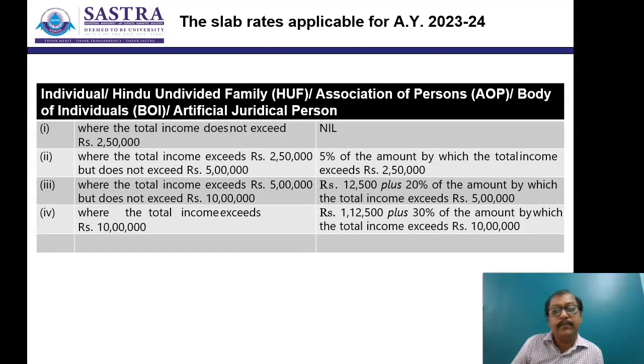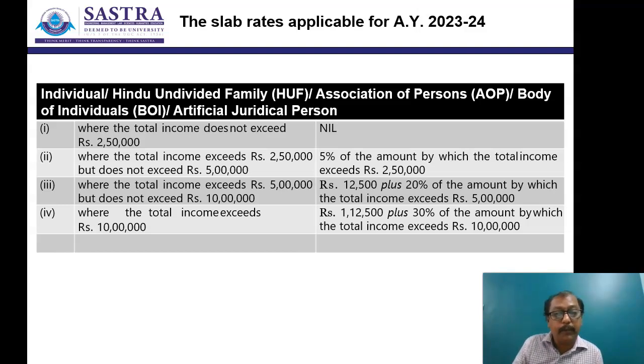Applicable tax rates for individuals, undivided families, association of persons, and body of individuals. For the assessment year 23-24, the tax rate goes like this. When the total income does not exceed 2,50,000 rupees, you need not pay any taxes. Where the total income exceeds 2.5 lakhs but does not exceed 5 lakhs, on that amount you will have to pay 5% of it. So you will have to pay 12,500 rupees.